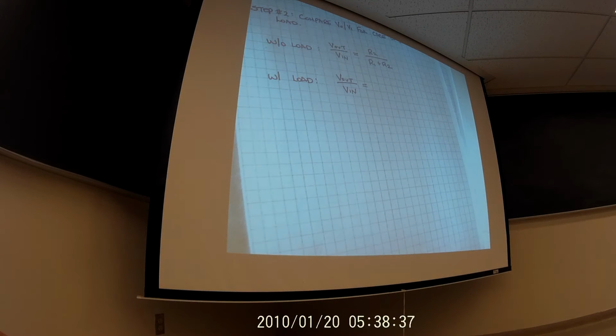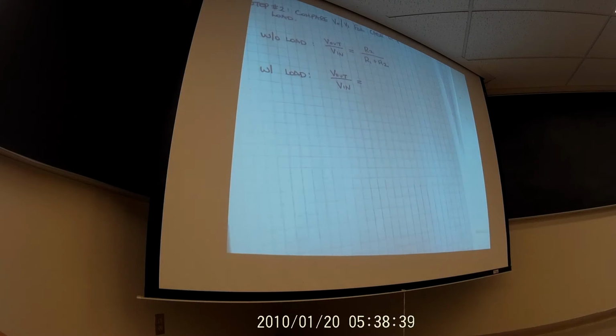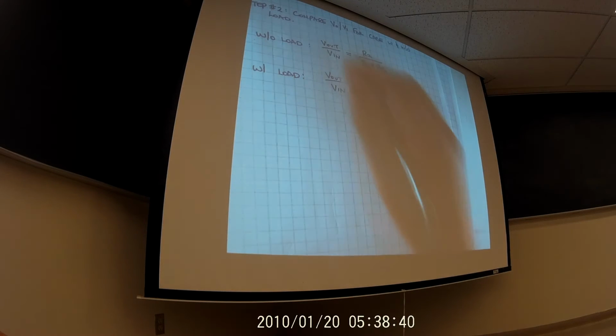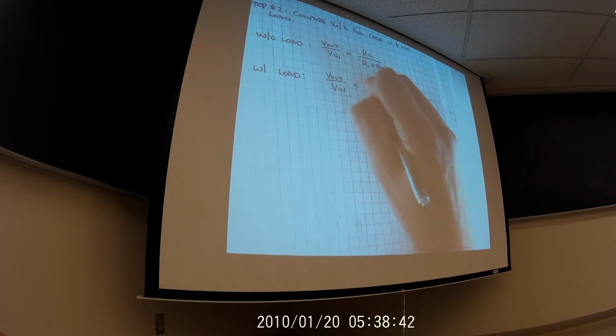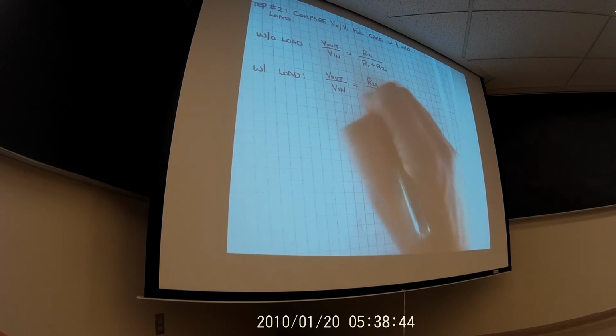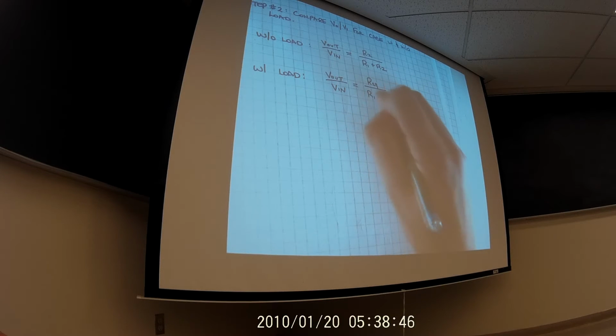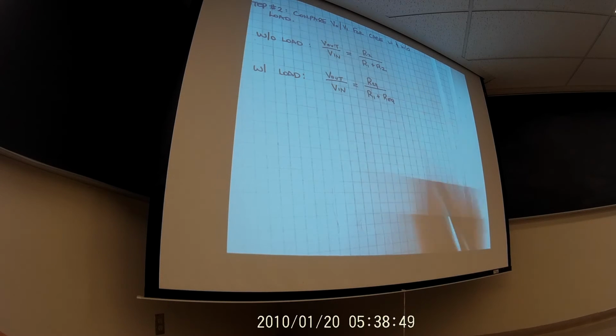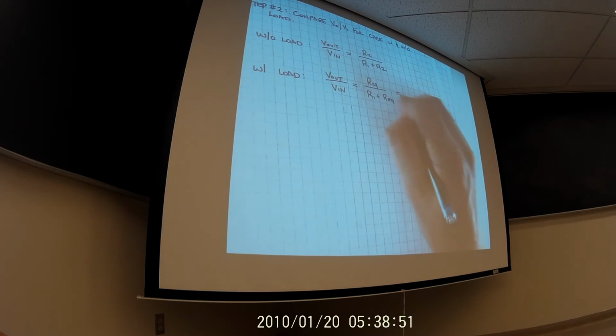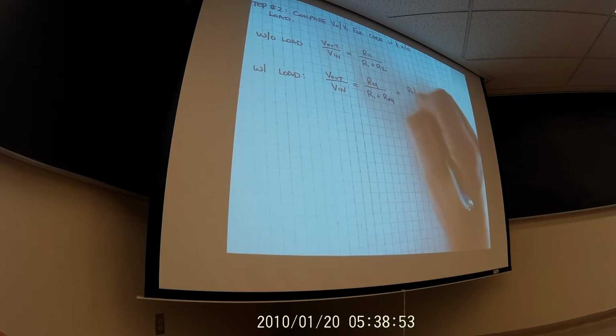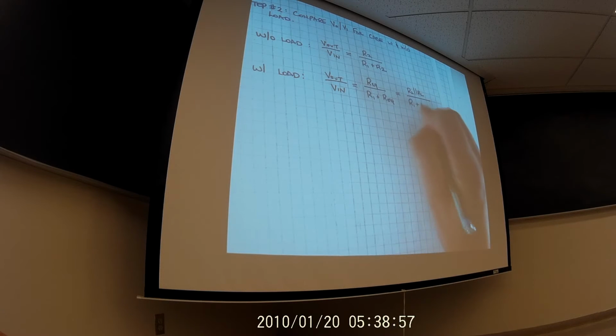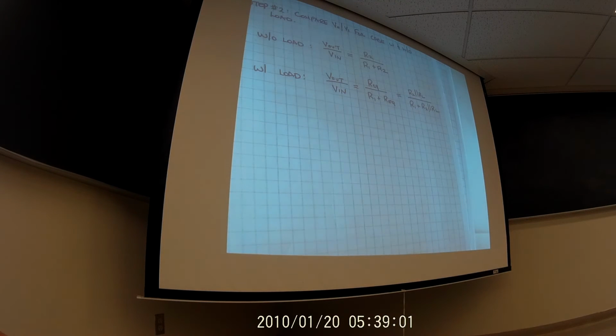So I'm going to replace R2 with R equivalent, R_EQ. R_EQ over R1 plus R_EQ. We could also say that's equal to R2 RL over R2 plus RL, the parallel combo of those together.